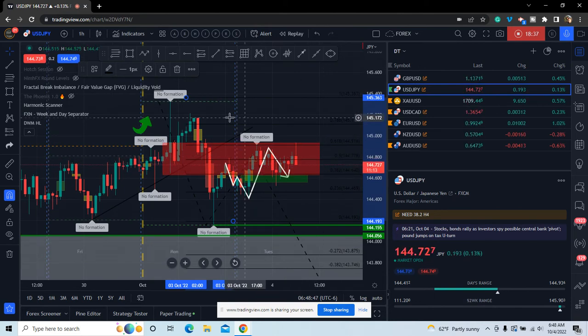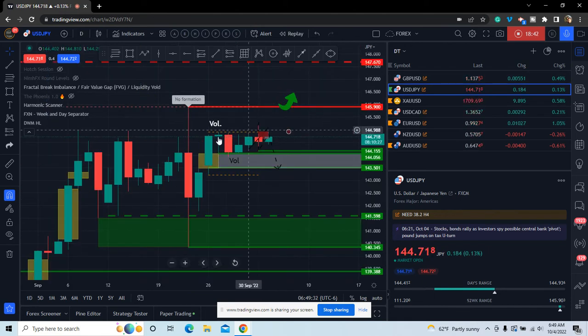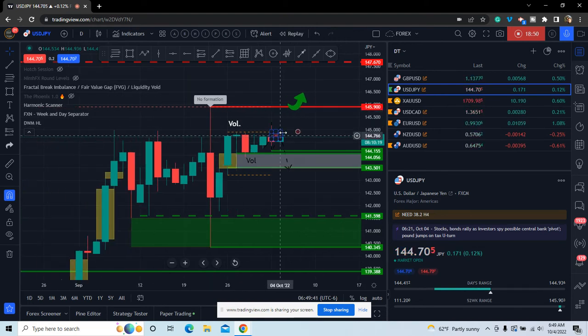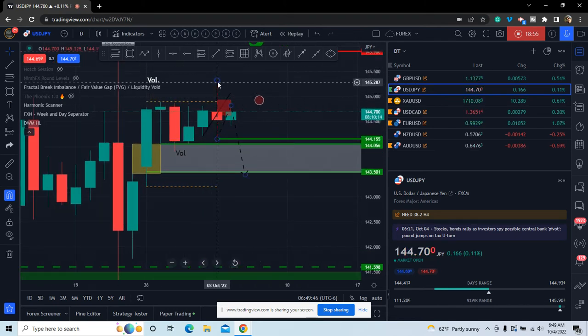We're sat in between yesterday's high and low. So we're looking for a break of yesterday's high. Last week's high. Yesterday's high is here.